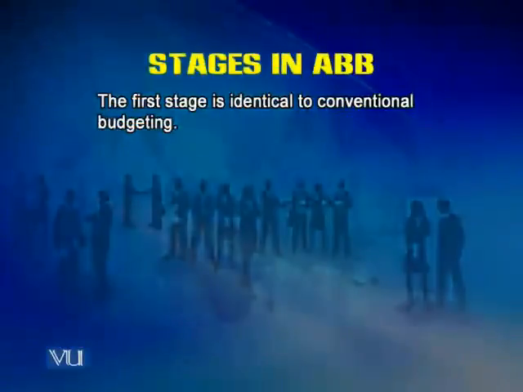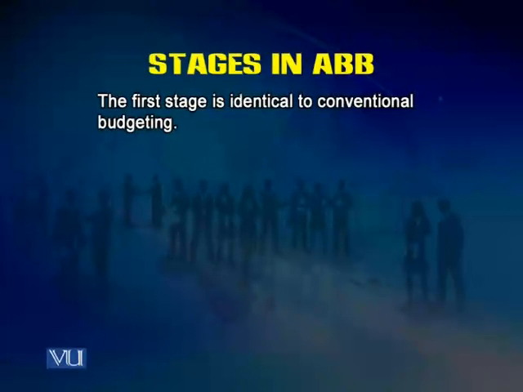Now, this form of budgeting is looking at the activities and the purpose of the expense, and not just simply last year's expenses. So therefore, we have, in a way, a chance to review the effectiveness and efficiencies of the previous period.